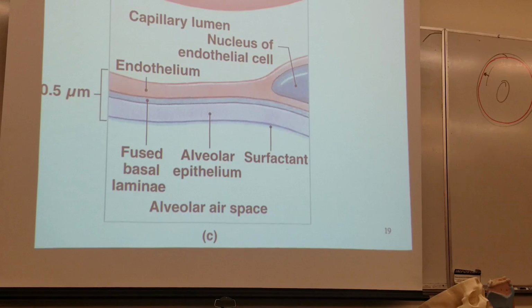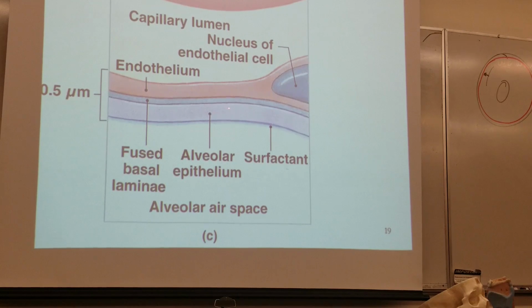This is the point I'm trying to get to. If my red laser pointer is going to be an oxygen molecule, there I am in my alveoli. I didn't get stuck to mucus. So, what do I have to pass through? A thin layer of water that covers my alveoli. I have to pass through that cell membrane into the cytosol of that cell.